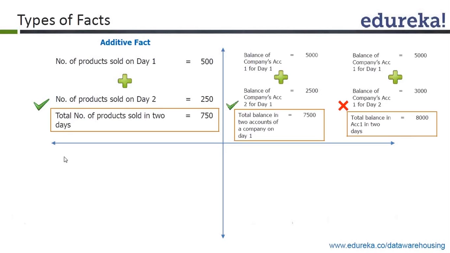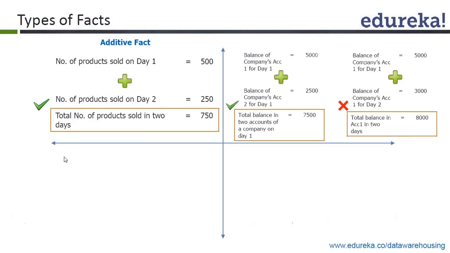The balance you have in your account is what you see in your account. Now see this example. A company has 2 accounts in a bank. On day 1, the company's account 1 has 5,000 rupees. On the same day, the company's account 2 has 2,500 rupees. So on the same day, for a company which has 2 accounts, you can add them together to get the total balance.